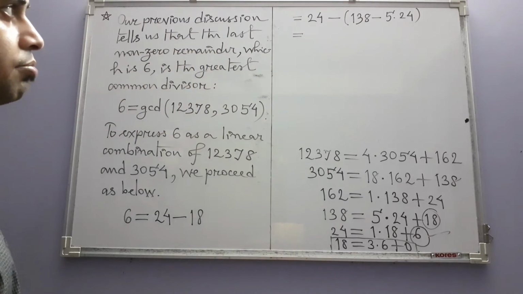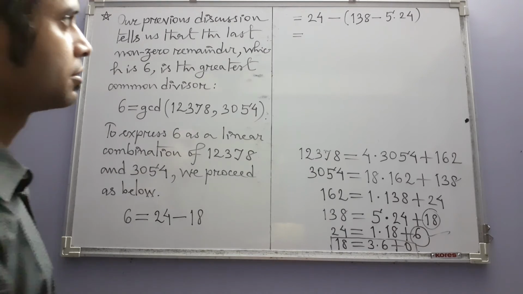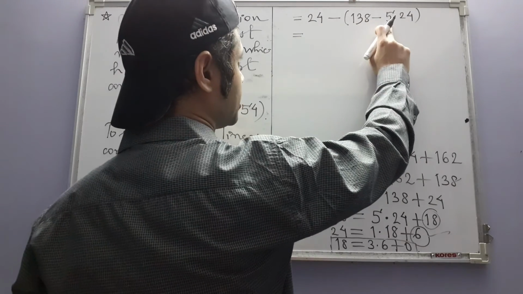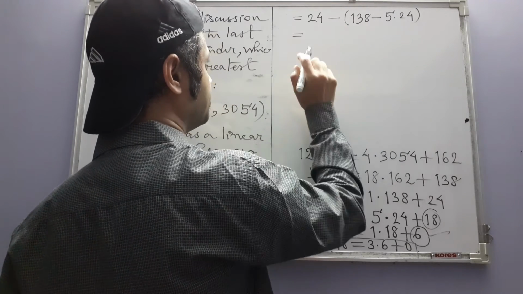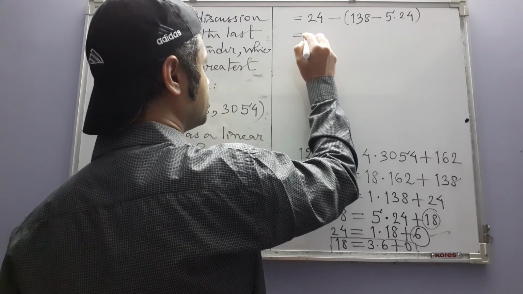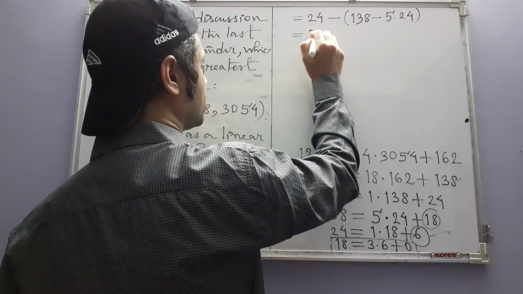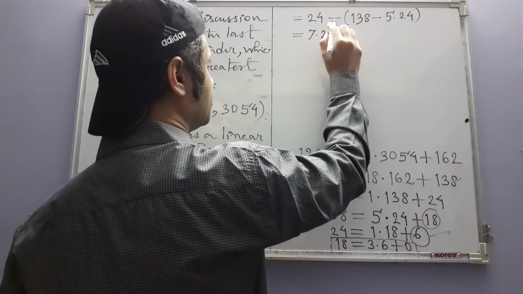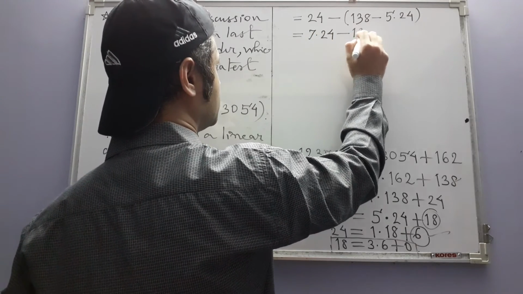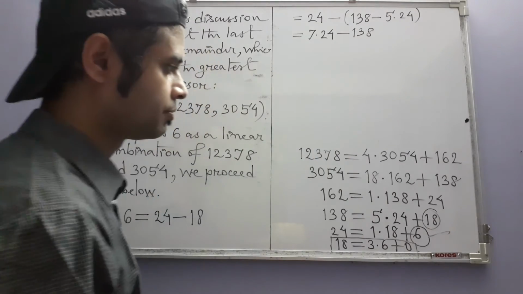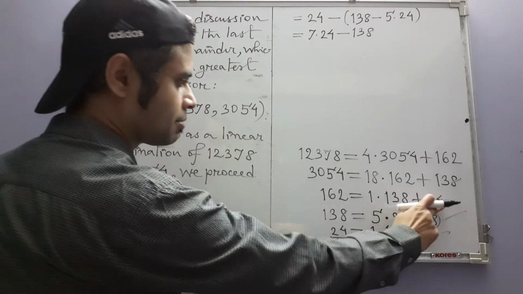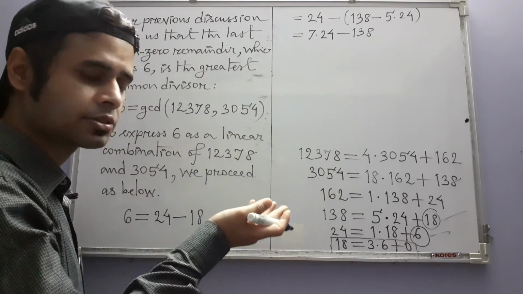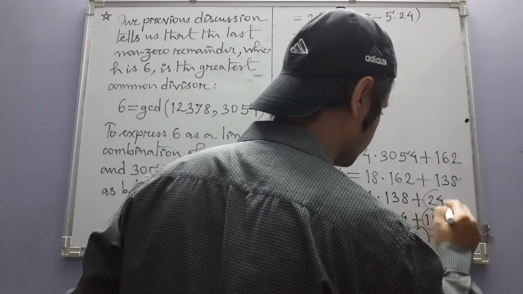In the next step, you rearrange things. Minus 1 times minus 5 is 6. 6 plus 1, 7. So 7 times 24 minus 138. So then you substitute for the next higher one, 24.